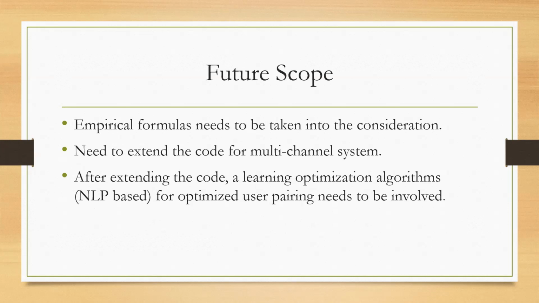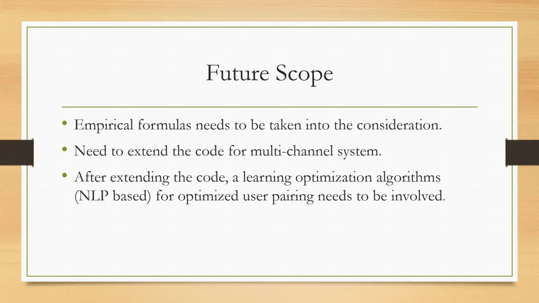This algorithm is just at an early stage. There are many things that can be done, which are the future scope of this research. First of all, as we discussed earlier, we have used the free space path loss model for our power requirement calculation for particular users.